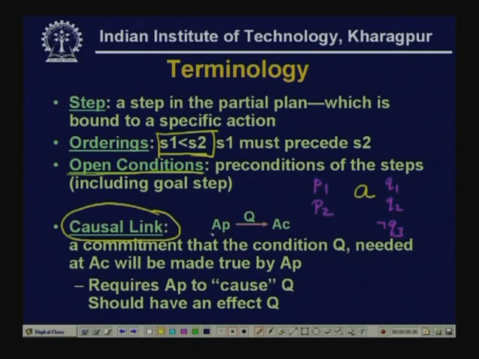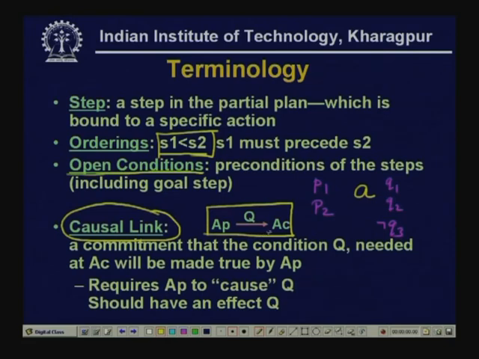If the step AP supplies the precondition Q, which is a precondition of AC, then AP to AC is a causal link on the condition Q. So, this is a commitment that the condition Q needed by AC will be made true by AP.